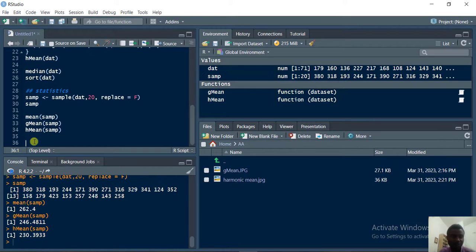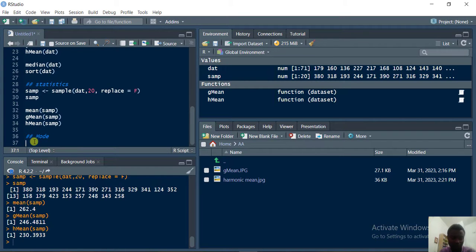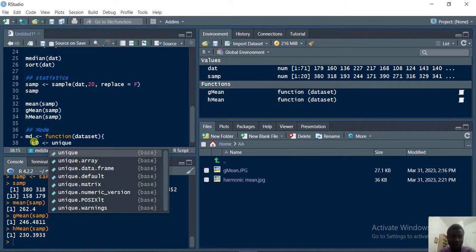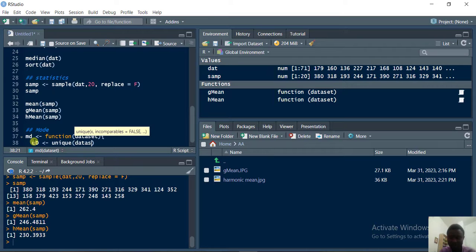Finally, I'm going to talk about how we can calculate the mode for the population and as well for the sample. So mode. We're going to create a function and call it MD. It's a function that takes a data set, and the first thing it does is create a variable inside the function that takes the unique observations that we have in the data set.